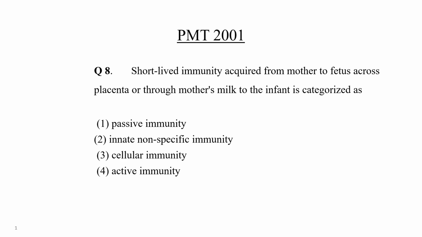So direct crossing of an antibody, or presence of antibody in a secretion, is a type of passive immunity. If an individual's own immune system actively participates in the production of antibody, that time we use the term active immunity. But if antibody comes directly from a secretion or through crossing the placenta, that short-lived immunity comes under the passive immunity category. So choice number 1 would be the correct answer.